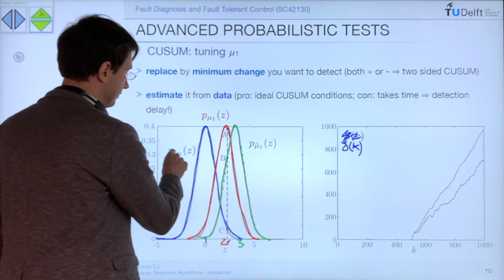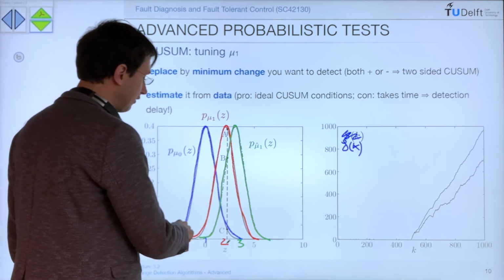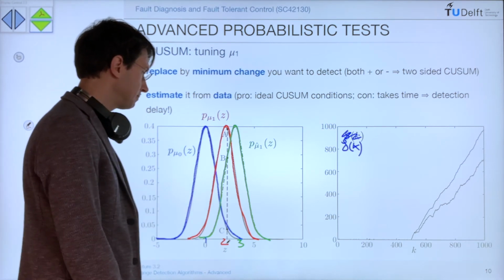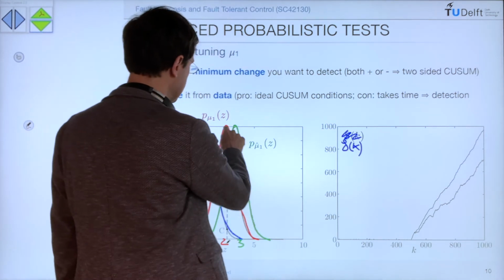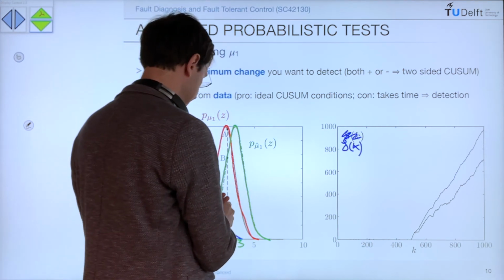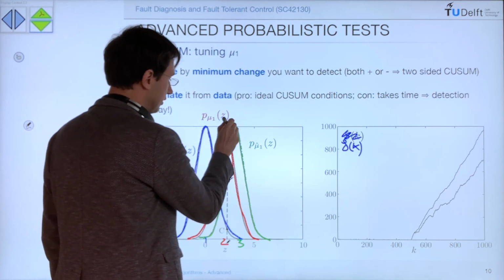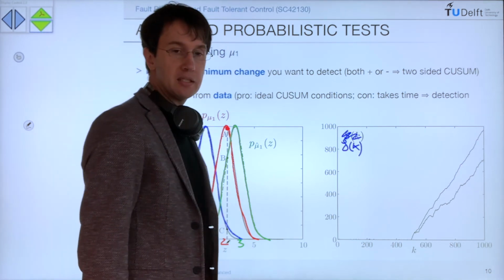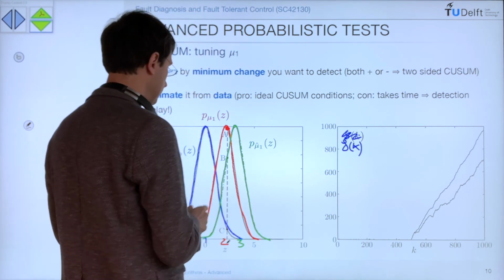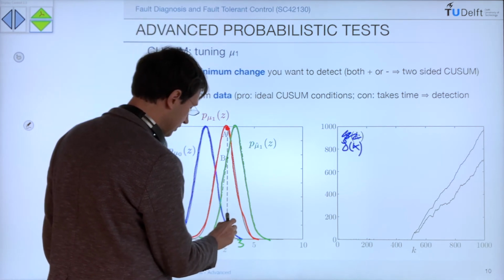If we have the pre-change PDF, and if we knew exactly the post-change PDF, assuming that at some point we get this value of the sample here exactly in 2, the likelihood under the true post-change hypothesis is quite big, but under the nominal hypothesis, this is small.